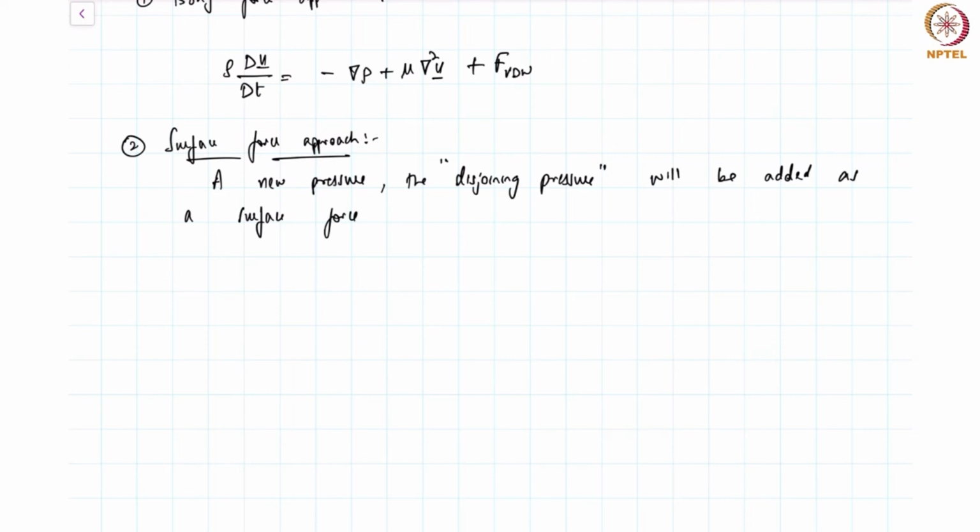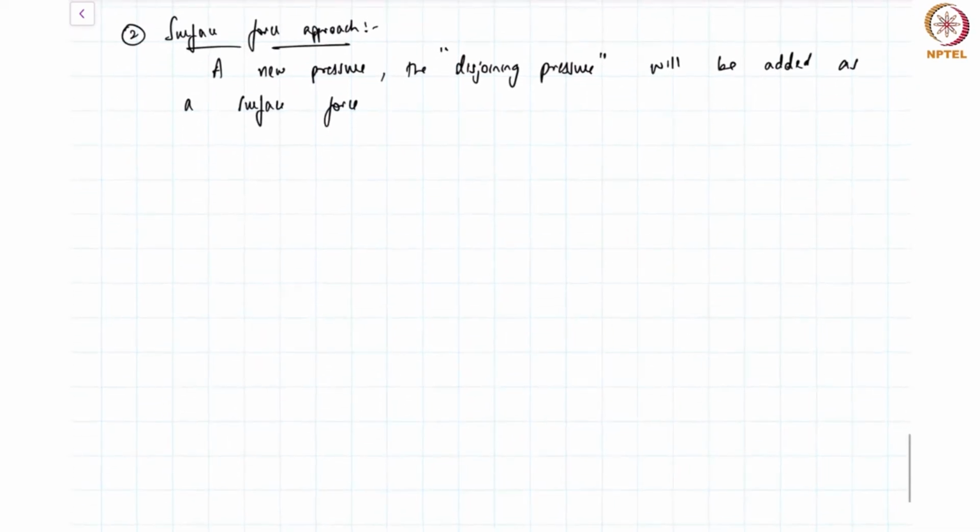For example, in our discussion so far, we basically had the equations of motion, which were the thin film evolution equation.